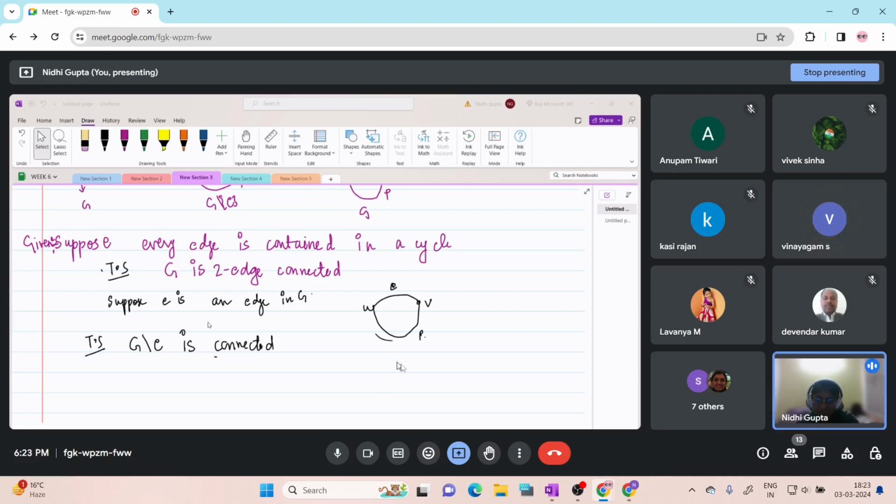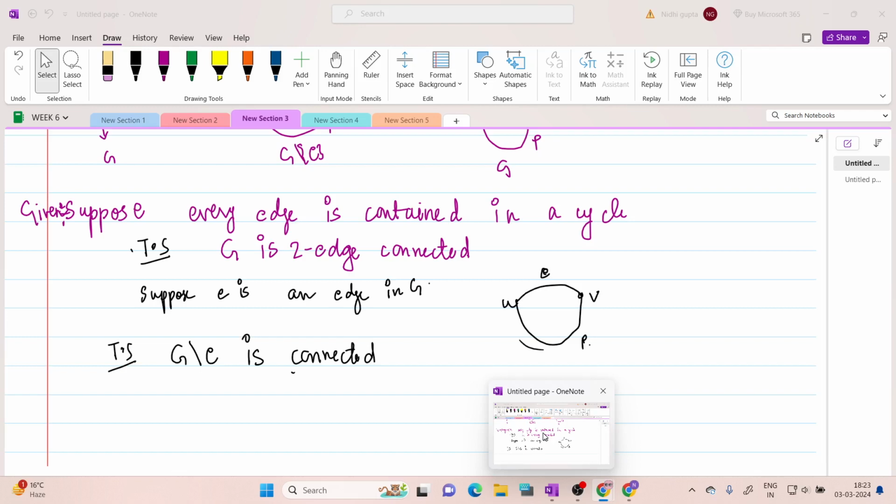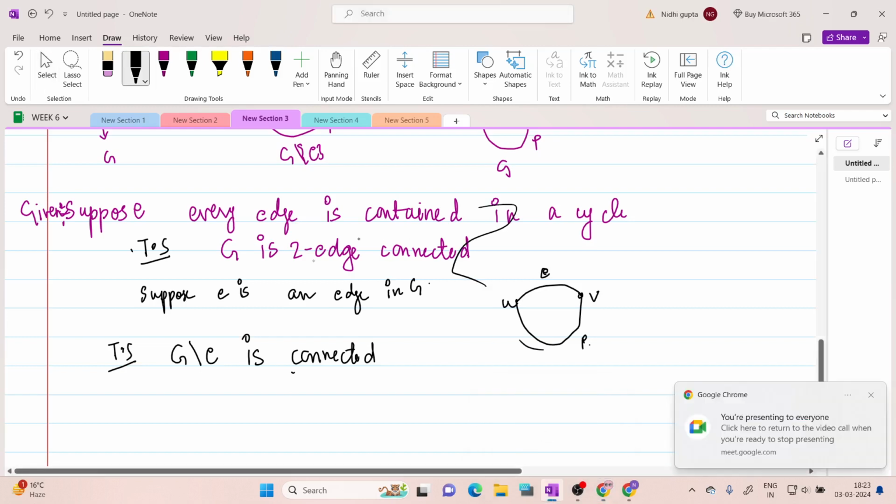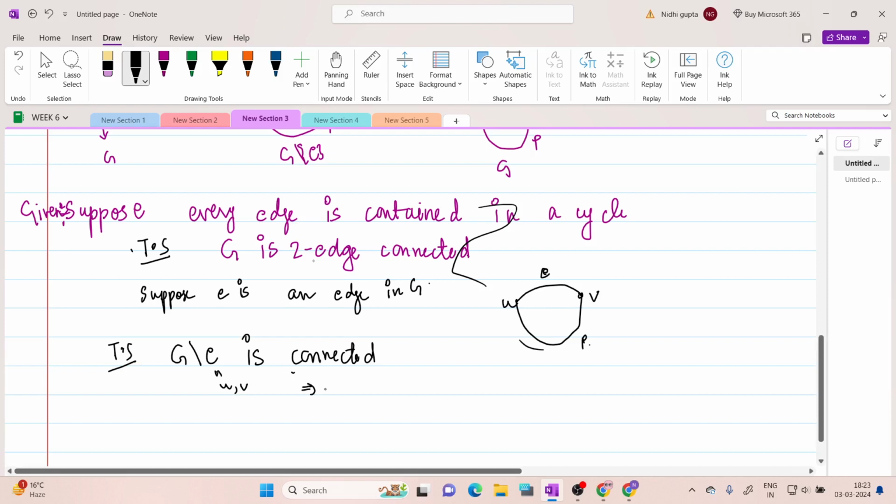So basically, what he's saying, since E is contained in a cycle, suppose E was UV, so G minus E will have a UV path.